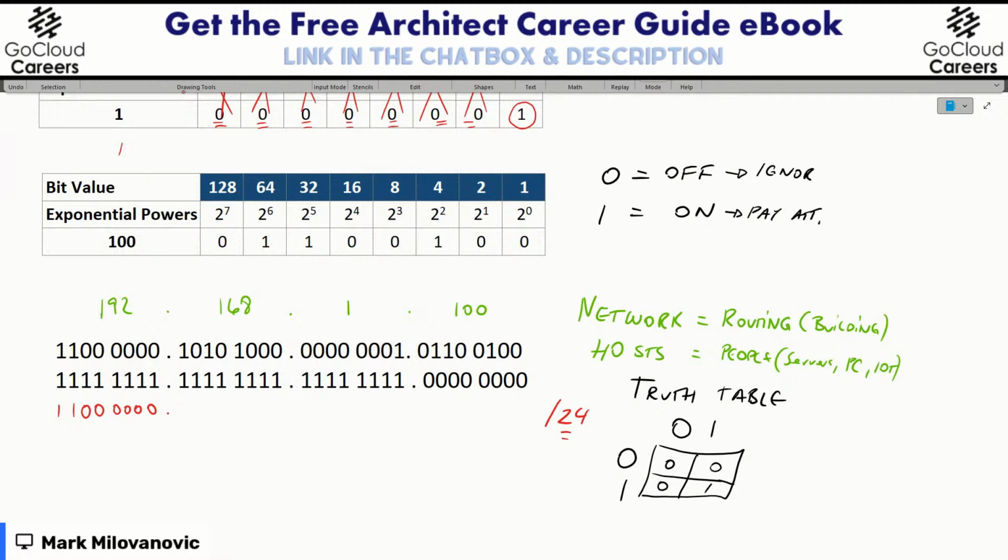Let me know in the chat if you follow this so far. Okay, Anna, thank you for letting me know. Anyone else? Does this make sense so far before we move on?